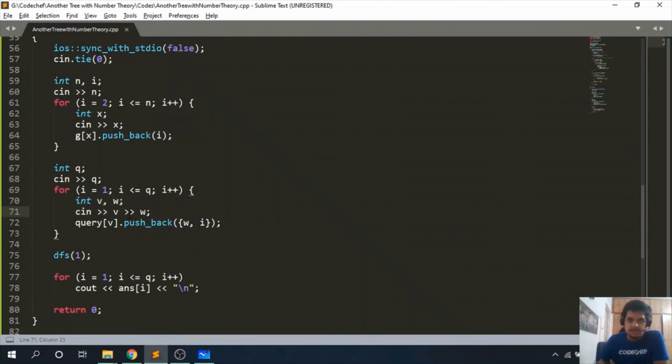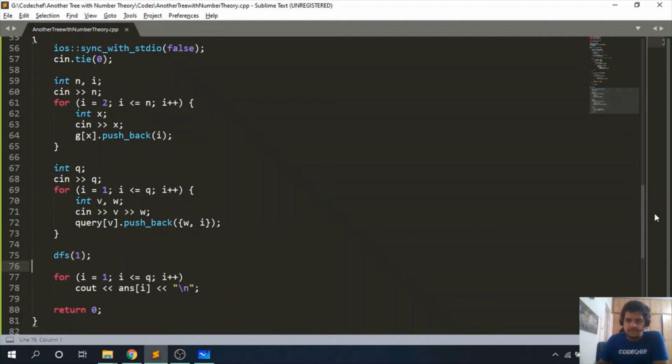V is the node on which the query is, and w is the number of tasks to be executed by that node. I'm storing these queries in a vector of vectors again. For each query at the vth node, I'm storing in the vth vector the w, that is the number of tasks, and the query number, so that I can later pre-compute all the queries and then directly output them. Now I'm calling this dfs1 function.